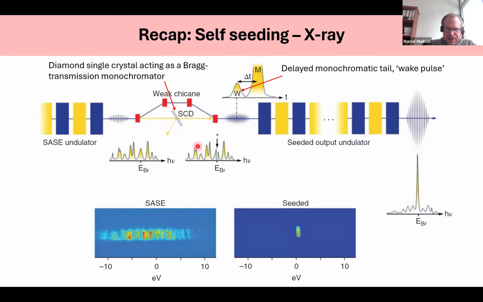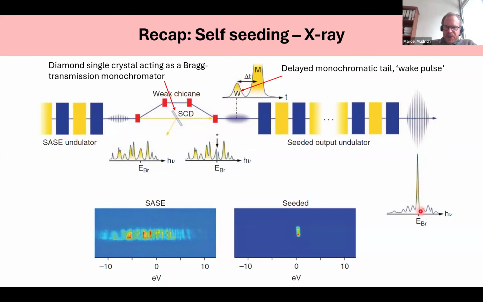Or, as we discussed yesterday, very equivalently, we can also use this single crystal monochromator to carve out a very narrow notch in the spectrum, which again produces in the time domain a long but quasi-monochromatic pulse component, which, by adjusting the timing correctly with the electron bunch, can then be selectively amplified.